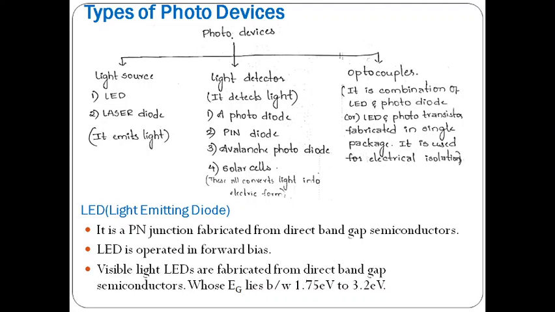Whatever the energy gap of the direct band gap semiconductor is, it is always equal to the released photon energy.